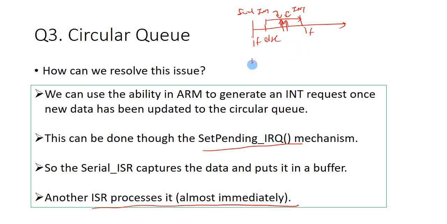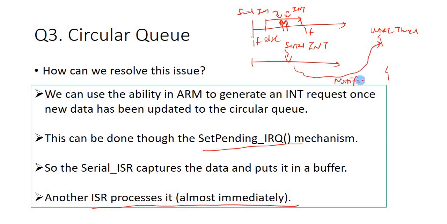In the timeline, at this point the serial interrupt is triggered, and then one of the threads, a UART thread, will be waiting for the data. So I need to send some notification that lets the UART thread know that new data has been received, and I can now process it and do what I need to do.